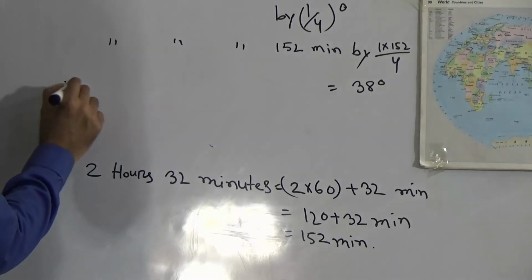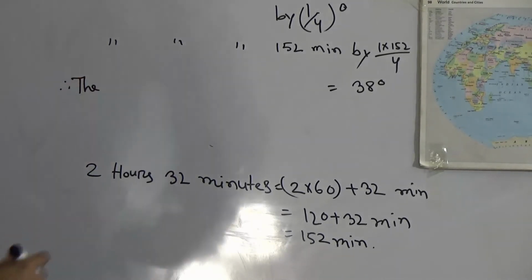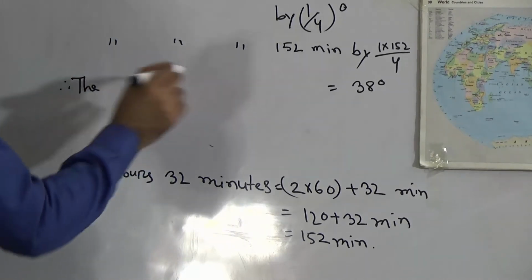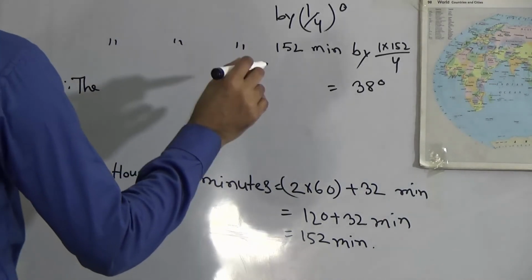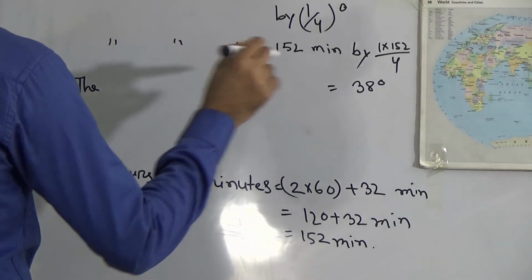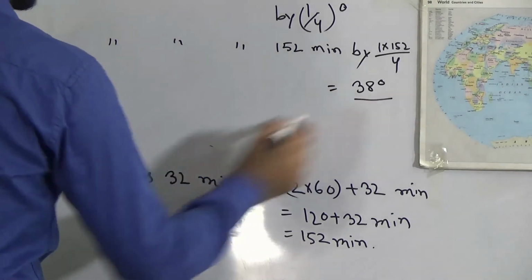So we are asked to find out the meridian of Seoul while Dhaka is situated at 90 degrees east. The meridian from Dhaka to Seoul differs by 38 degrees.